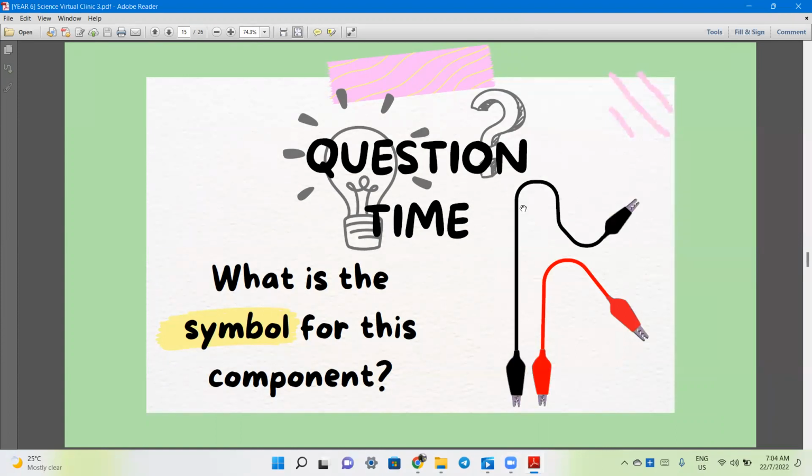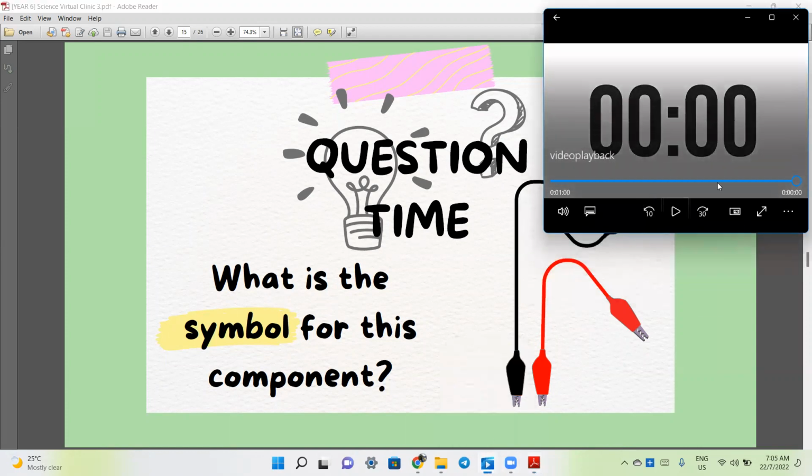What do you think this component is represented by in symbol? Let me put a timer again.